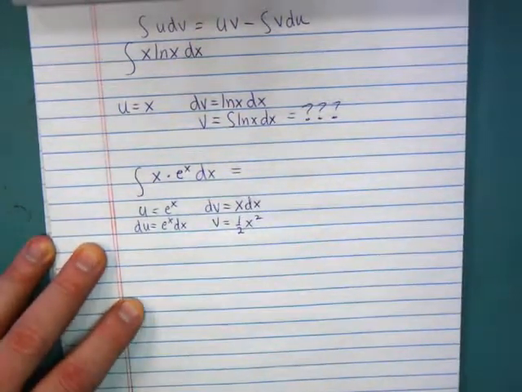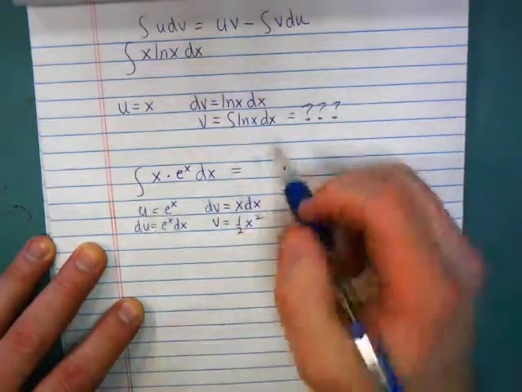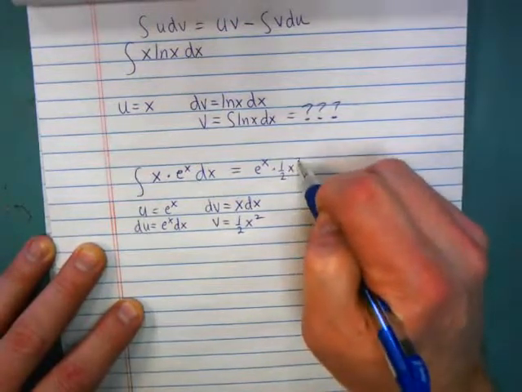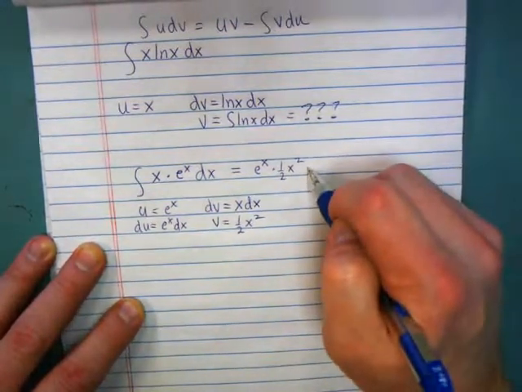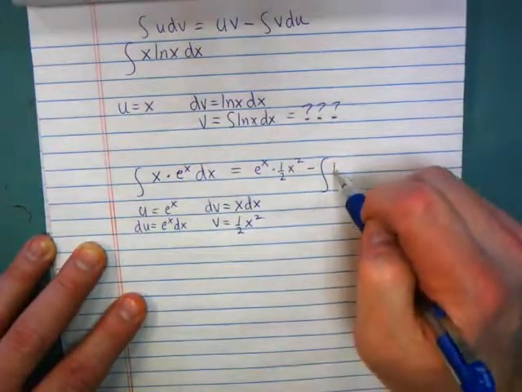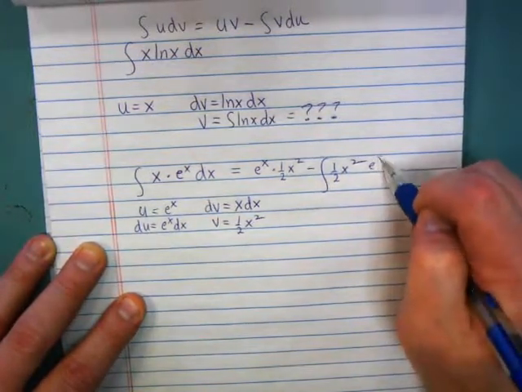All right, so this becomes u times v. That's e to the x times 1/2 x squared, minus integral of v is 1/2 x squared, du is e to the x dx.